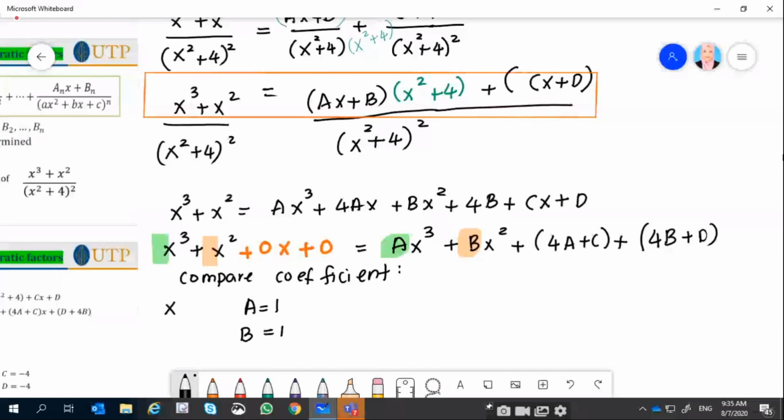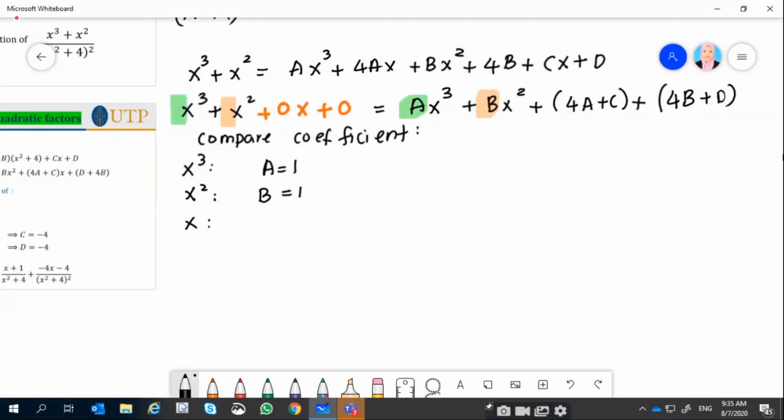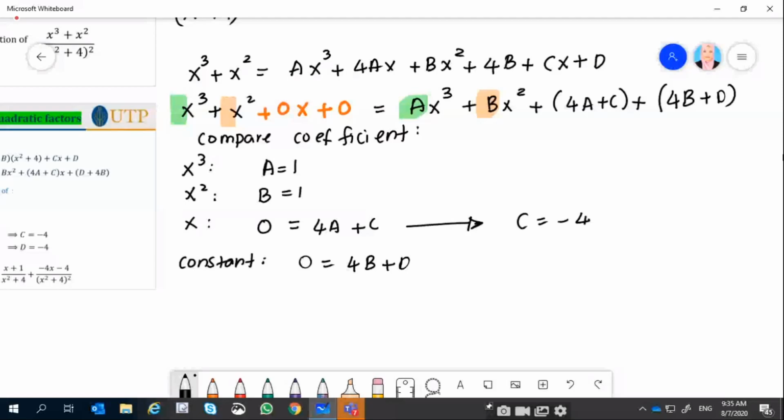Okay, so this one is for s cubed, then s squared, and for x. C equals -4. To solve C, C equals -4A.